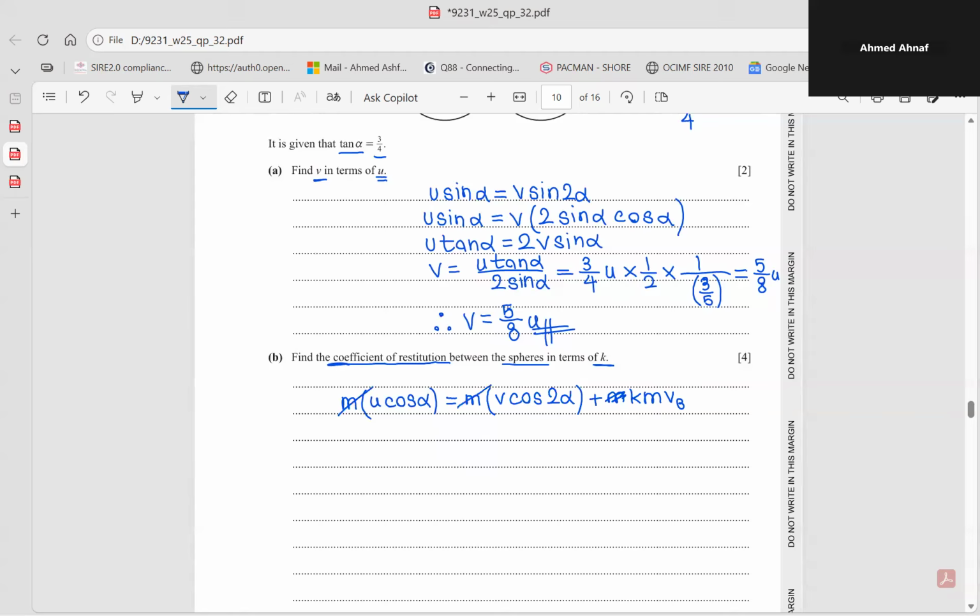We can cancel out the m's. So there we have u cosine alpha equals v cosine 2 alpha plus k VB, and we can use the previous value, v equals 5u over 8.